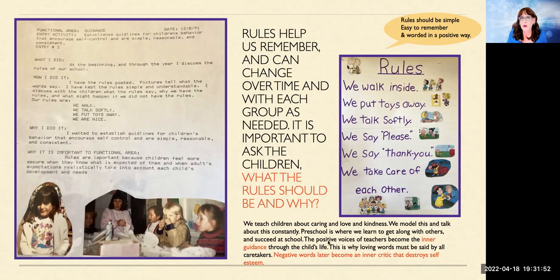When children start to self-regulate, they will start talking to each other, to themselves. For example, if a child is putting a puzzle together on the table and starts to get frustrated or can't put it together, you will step in and say, this is okay, you can do this. Here, let's try it this way.